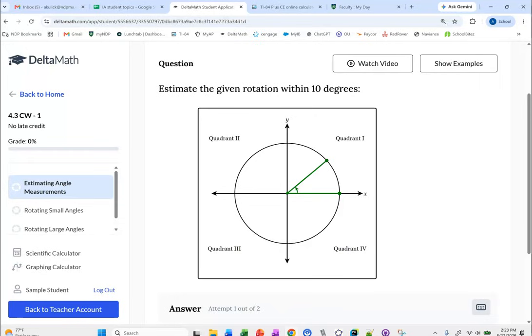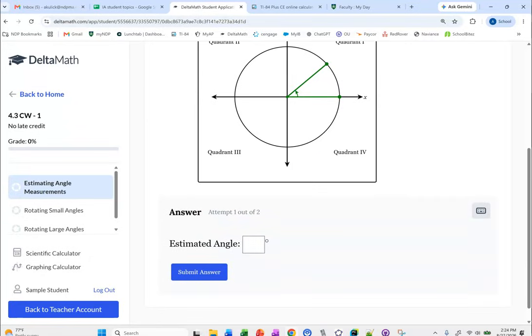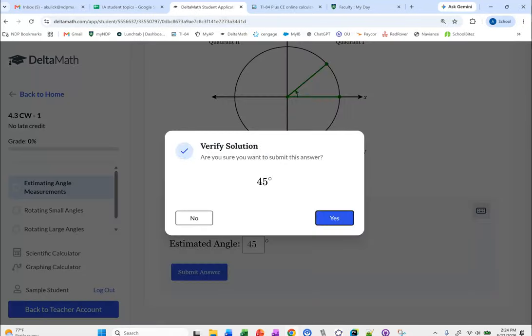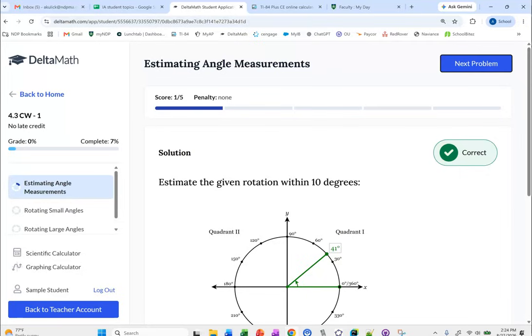So this angle is probably pretty close to 45 degrees. That's what I'm going to do as my guess. I don't have to be dead on. We just have to be within 10 degrees either way. And they said close enough. The actual angle was 41 degrees, but I was within my 10-degree window, so it's correct. Everybody feel okay on doing this? Yeah. That's one set of problems, just estimating what the size of the angle is.